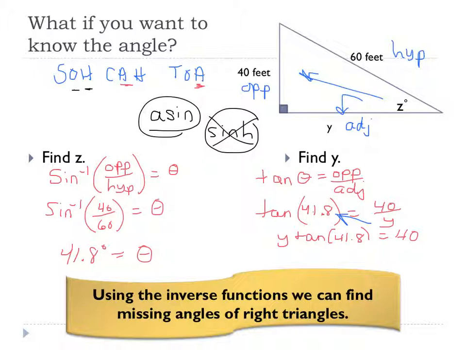And to isolate y, I'm going to divide both sides by the tangent of 41.8 degrees. Those cancel, and we end up with y equals, and you can calculate this out, 44.7, I guess, feet.